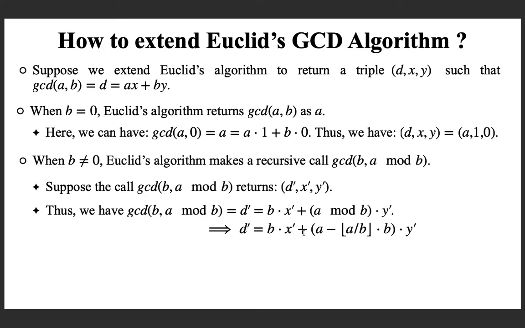Now in the second term of this plus, you take y prime inside, multiply y prime inside, you will get a multiplied by y prime minus this quantity multiplied by y prime. Now you see that it is like b multiplied by an integer plus a multiplied by an integer plus b multiplied by another integer.